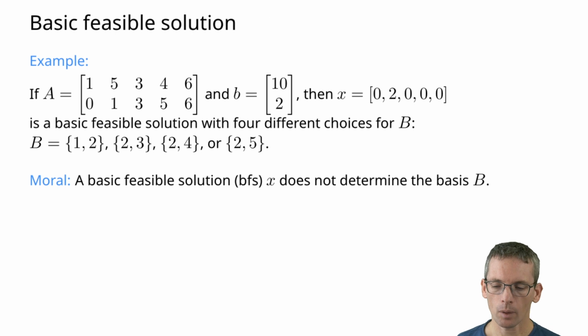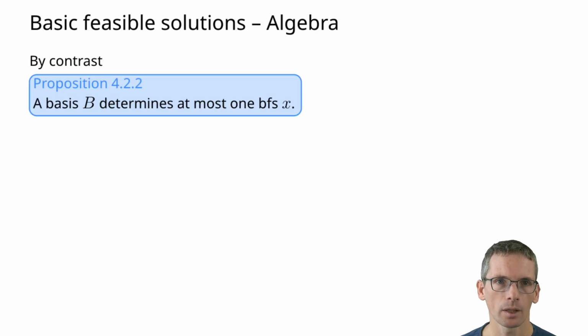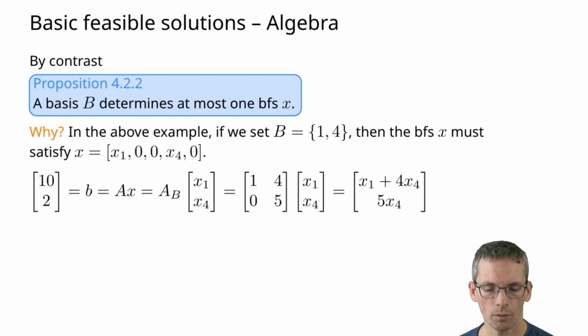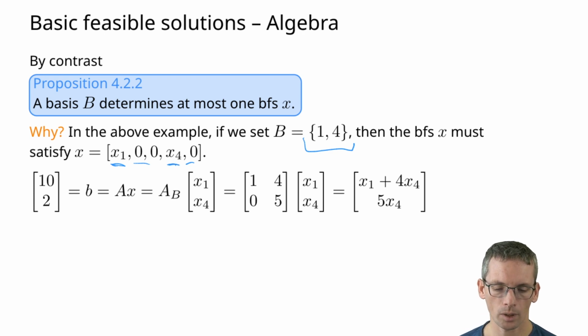But the other way around, for any basis, there is at most one basic feasible solution. The reason being, if you fix your basis, then you set all of the other variables to 0. You have those two that are non-zero, and the columns are independent.